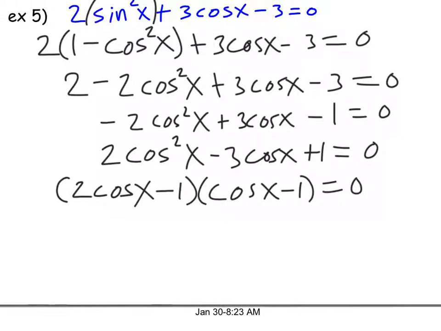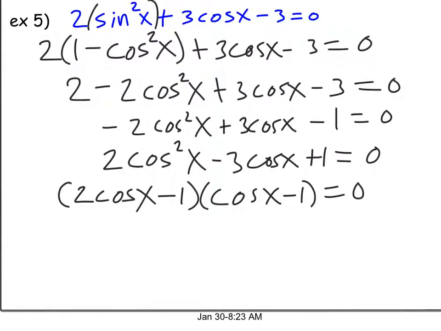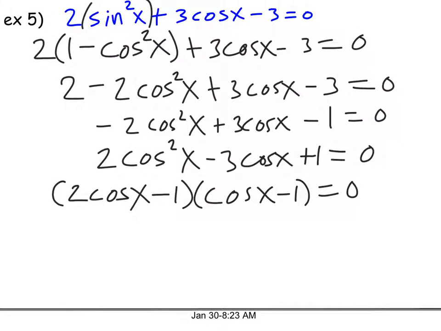All right, setting these equal to 0 with the first factor here, we would have cosine of x is a half, and then cosine of x equals 1. Okay? And now we get to an interesting point about using the inverse.